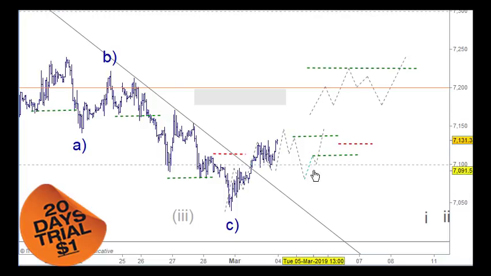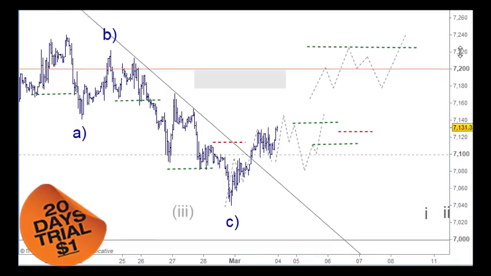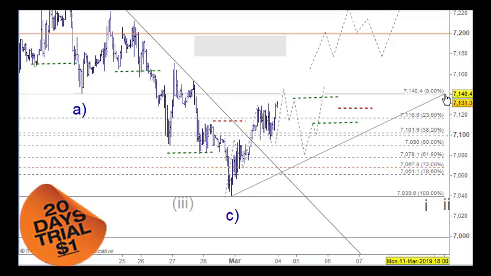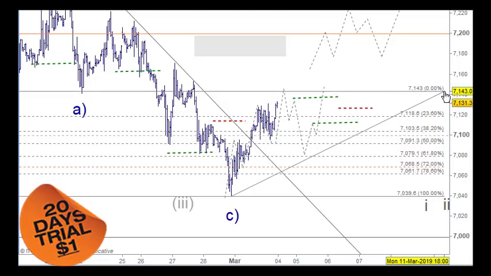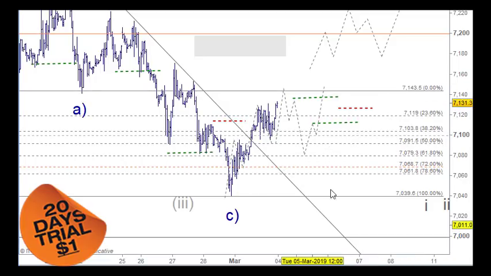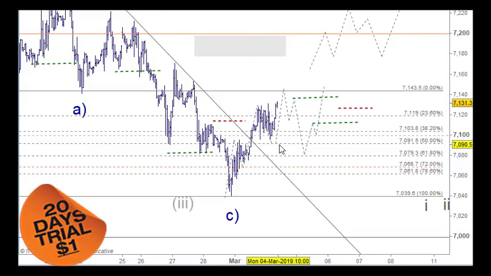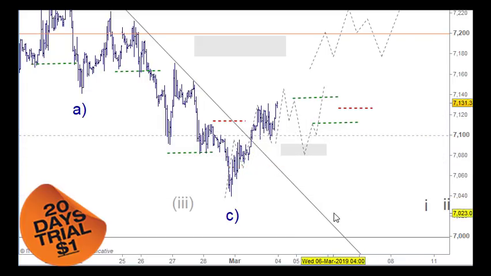There's many ways to do it, but let's just allow this to unfold, and then we'll look at the ABC correction here, which would pull back to that 50-60% retracement level here. Let's just say that's 40 here. Let's say 43. So that brings us back to this space here, roughly. We'll adjust that later.